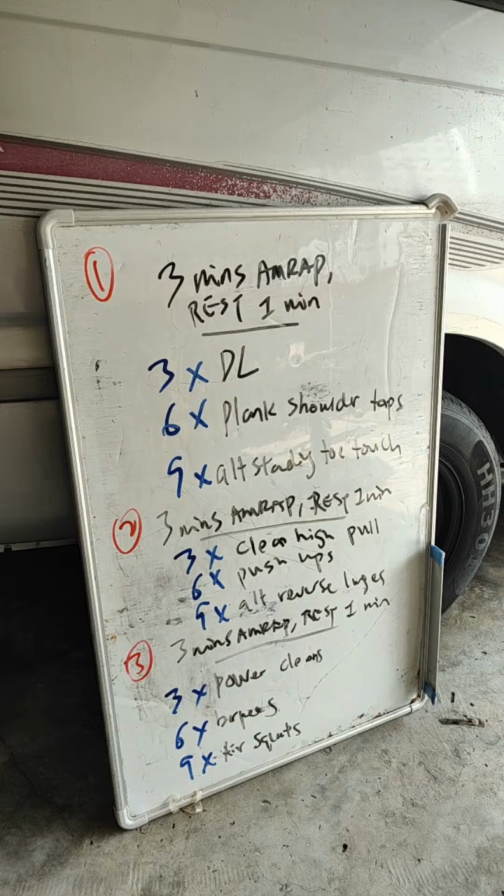Then we'll rest for 1 minute. Write down your results for that one. And then finally, for part number 3, we go into another 3 minutes, as many rounds as possible. Rest for 1 minute. 3 power cleans, 6 burpees, and 9 air squats. That will be your workout for the day.